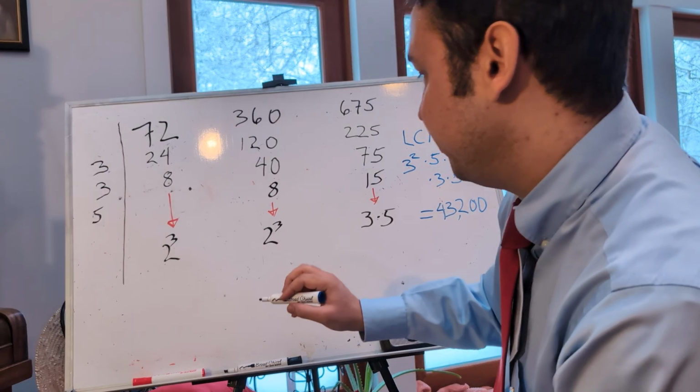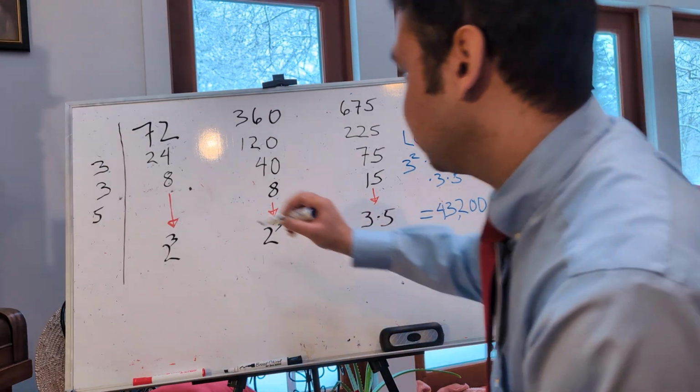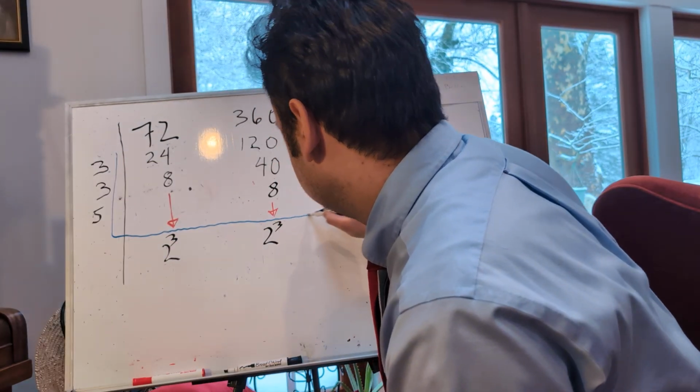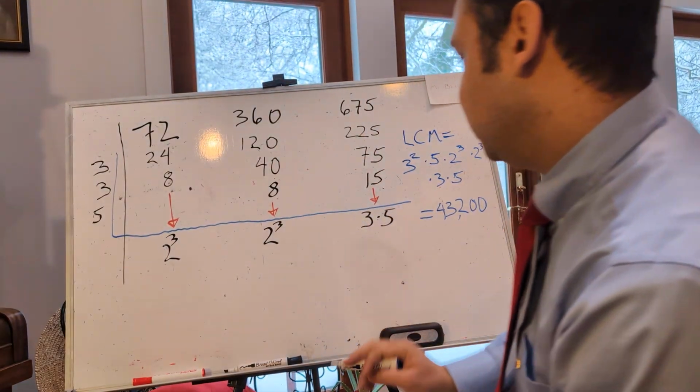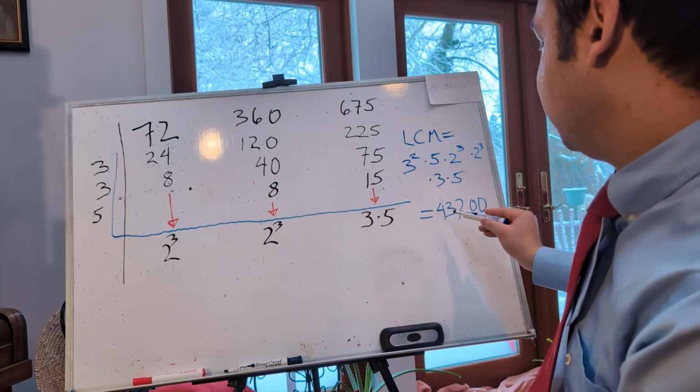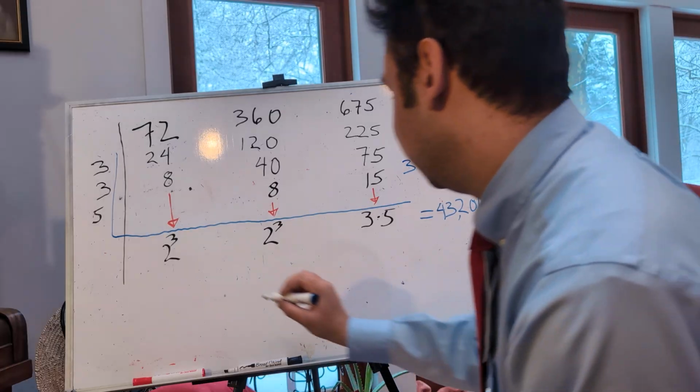And if you look at these factors, the product of all these numbers equals 43,200.